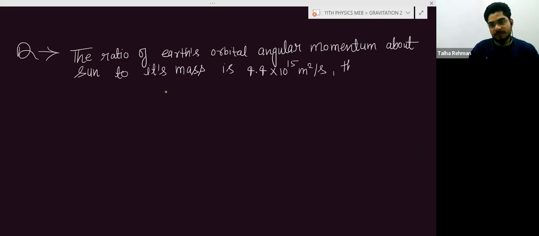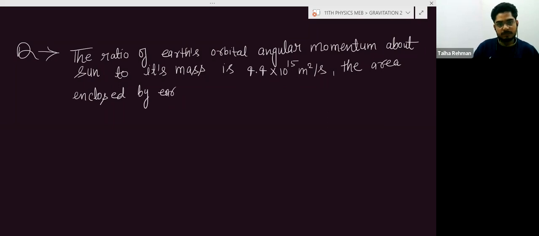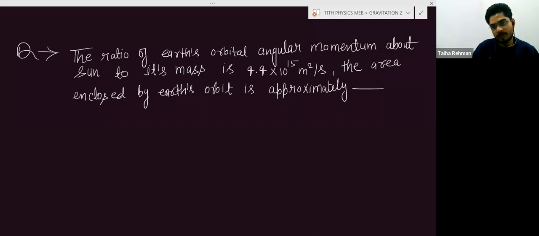The area enclosed by Earth's orbit is approximately, okay. So this we have to find in meter square.